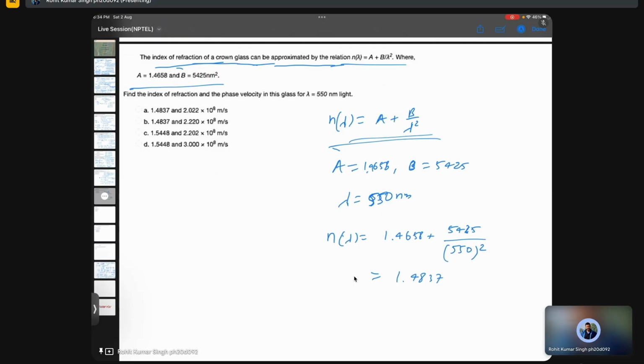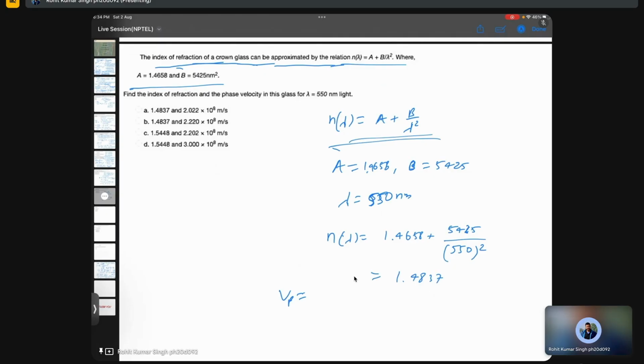But what about the phase velocity? What is the formula? Anyone remember? Omega by k. Yeah, that is the formula, but there is no omega or k given here. So c by n.